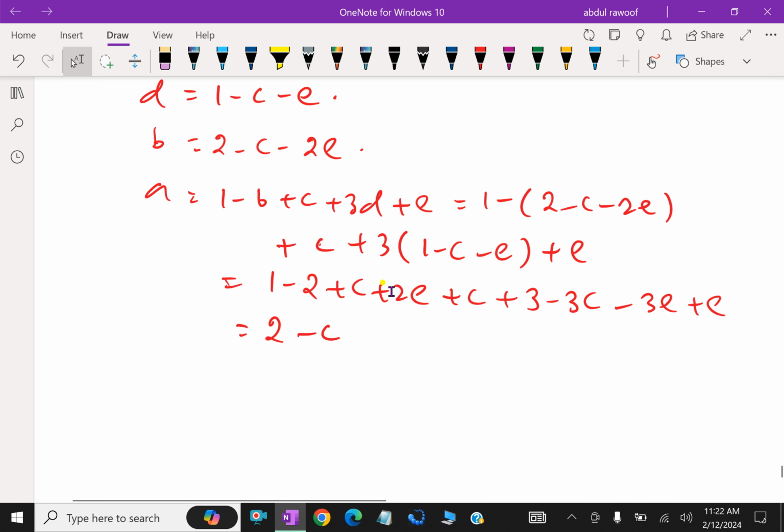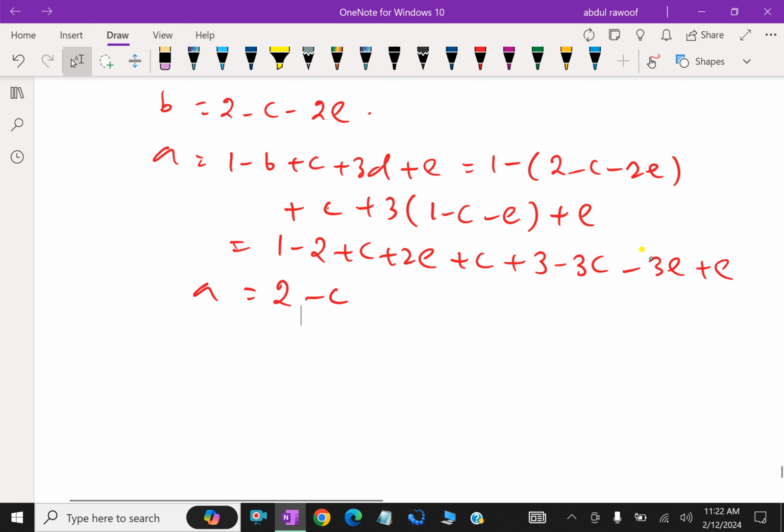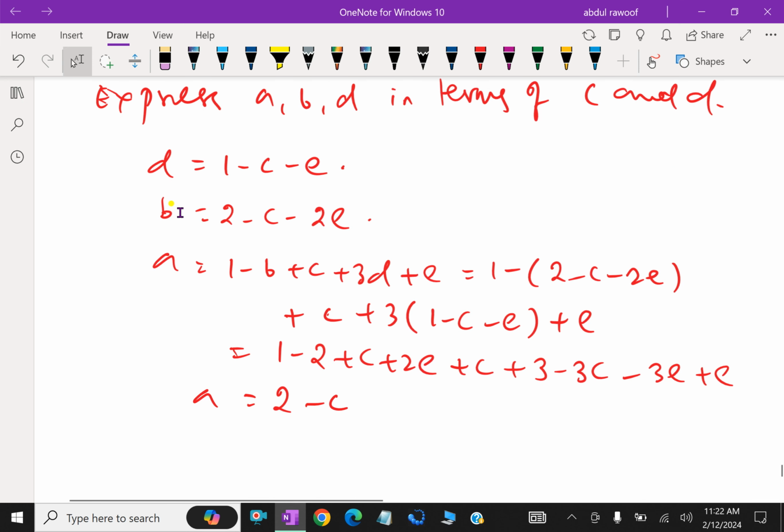The e terms: 2e plus e minus 3e is 0. Therefore, a equals 2 minus c. So we got d, b and a.